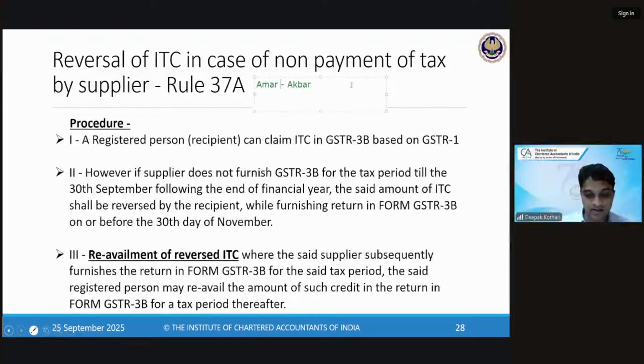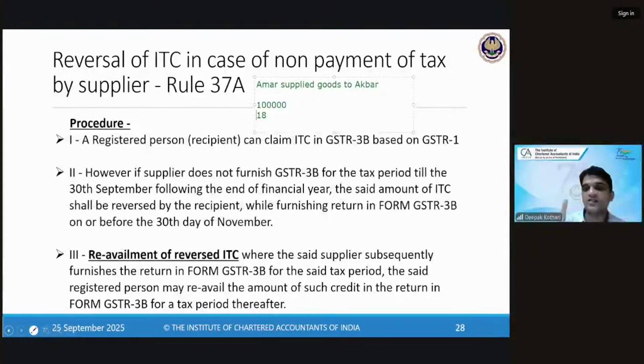Now, Amar has supplied goods to Akbar. When Amar supplied goods to Akbar, he supplied them for a value of 1 lakh rupees, and he will charge GST at the normal rate of 18%.